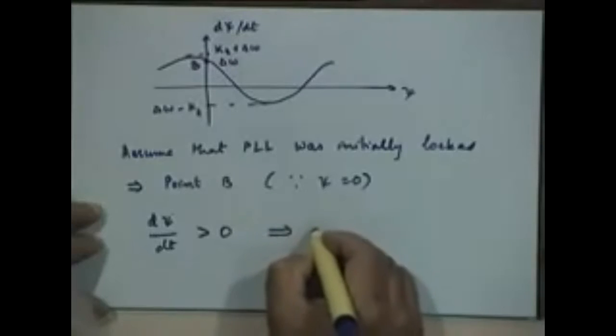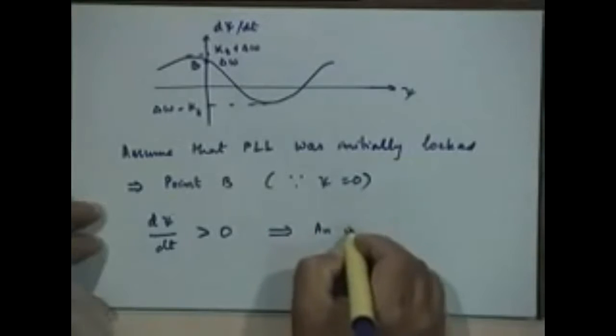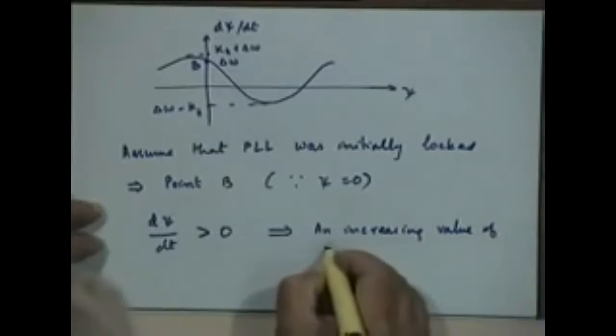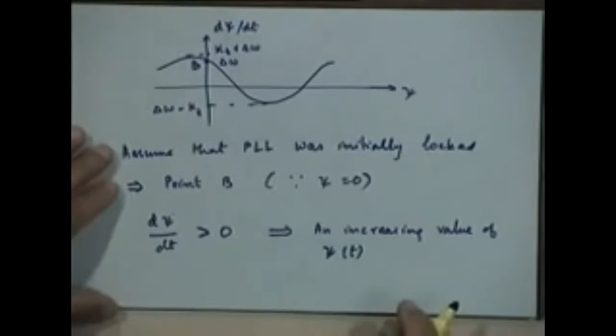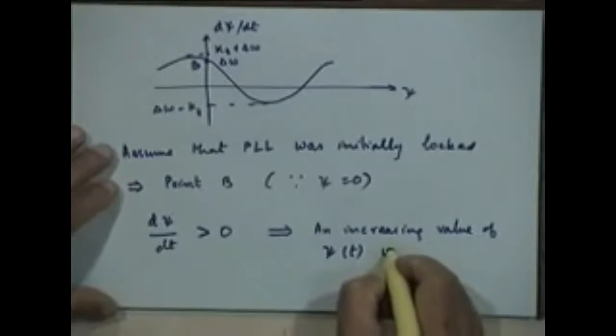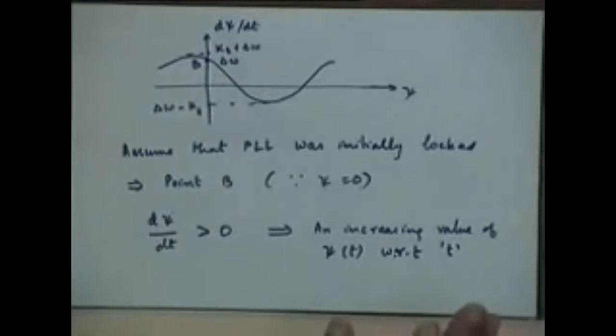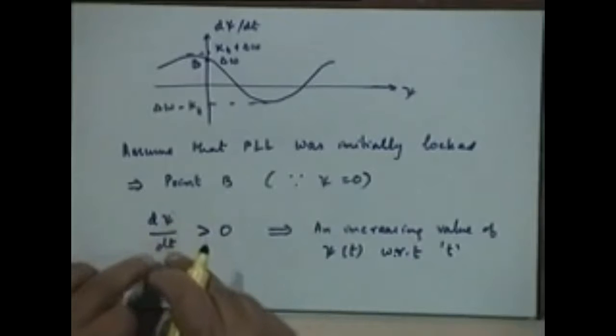This will imply an increasing value of psi of t. Psi of t increases as a function of time. I am talking here with respect to time. Is this point understood? This is a very key point. You need to understand this point.